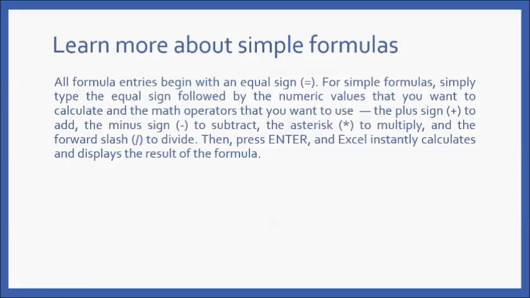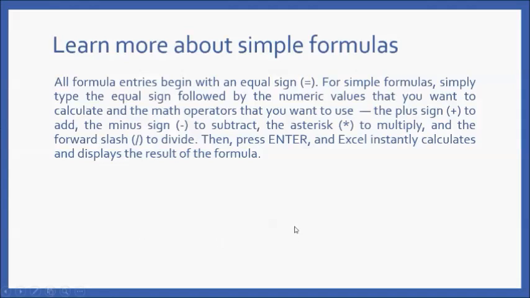So all formula entries begin with an equal sign. For simple formulas, simply type the equal sign followed by the numeric values that you want to calculate and the math operators that you want to use. So the plus sign to add, the minus sign to subtract, asterisk to multiply, and forward slash to divide.